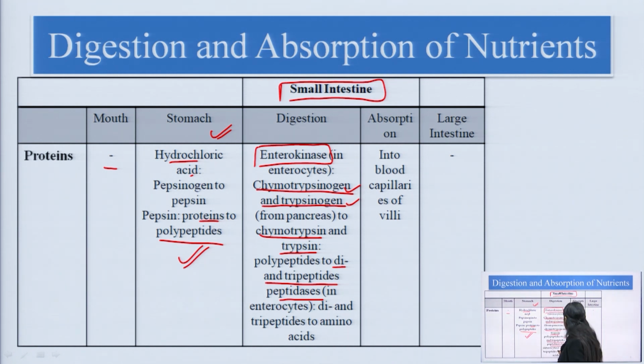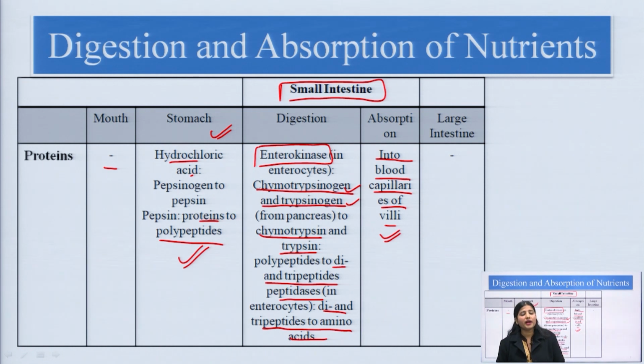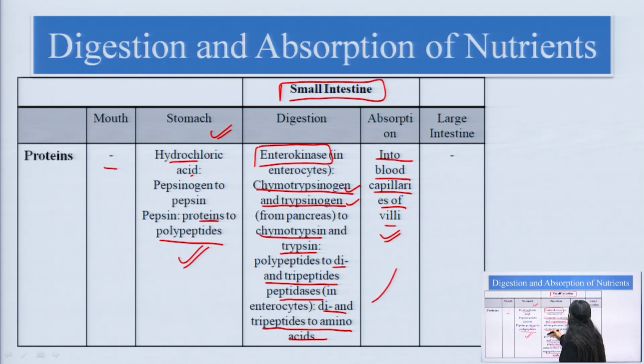So, the di- and tripeptides are formed and absorbed into the blood capillaries of the villi, these very tiny finger-like projections. Through those finger-like projections, the simpler form of proteins will be absorbed. And in the large intestine, I already told you, 90% of your absorption is from the small intestine, so there is nothing for the large intestine.